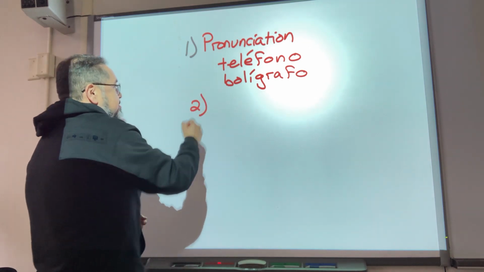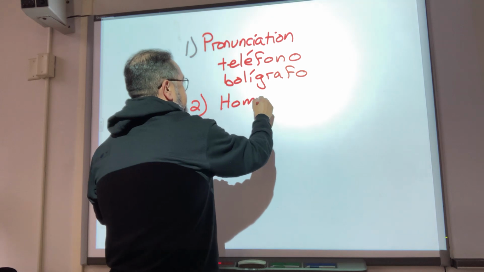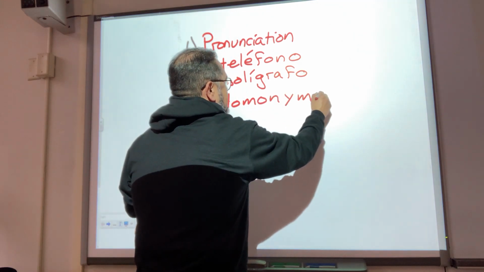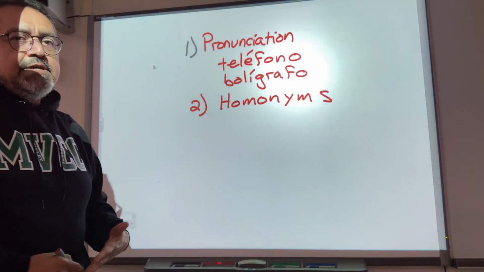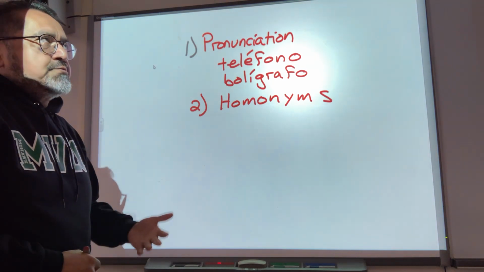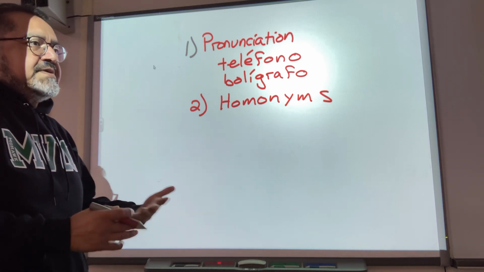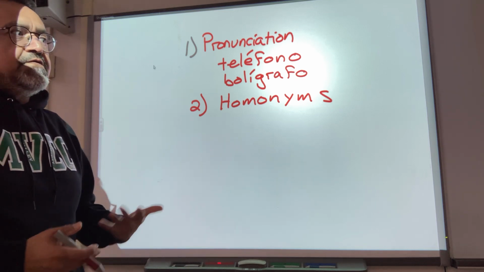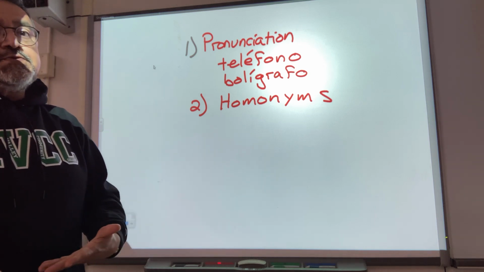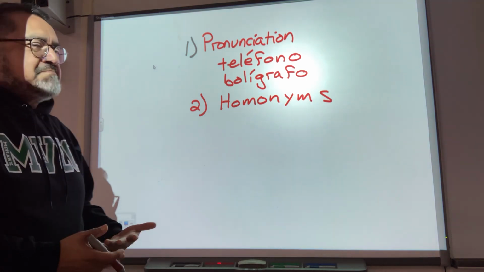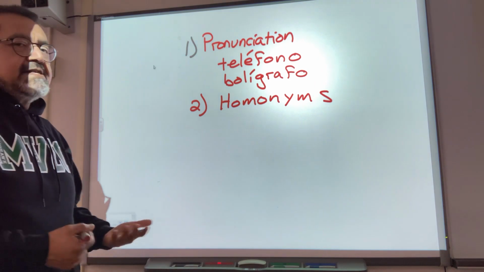Number two, the reason why we use accent marks in Spanish is homonyms. If you don't know what a homonym is, it is a word that sounds alike, but can mean various things. For example, in English, you have to, too, and two. There, their, and they're. Things like that.